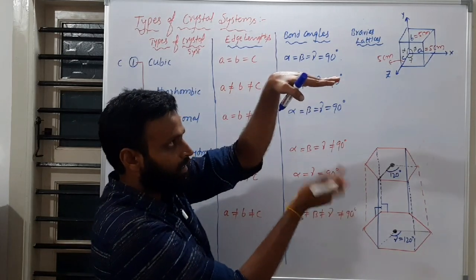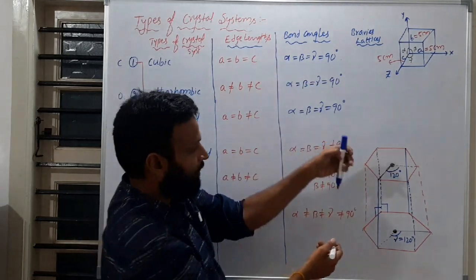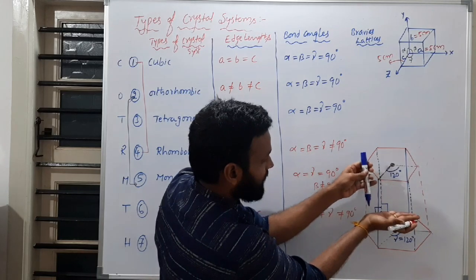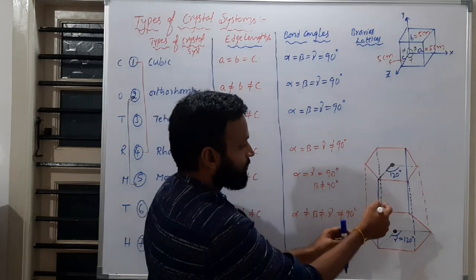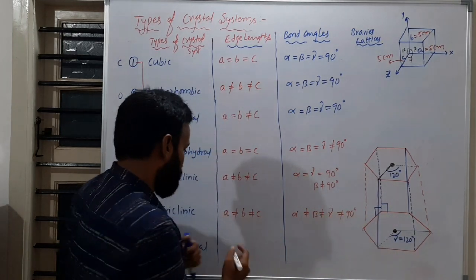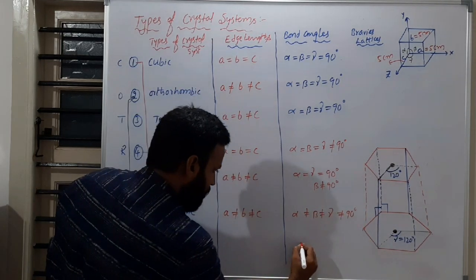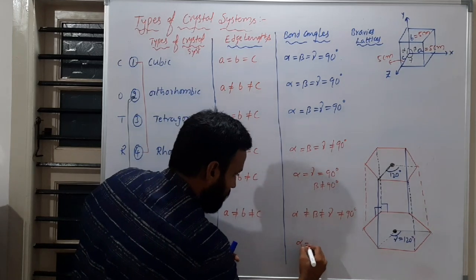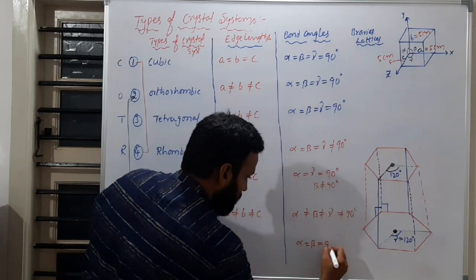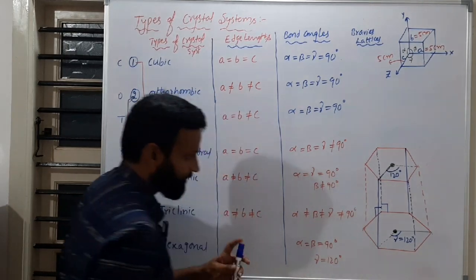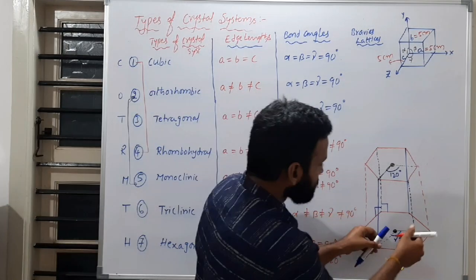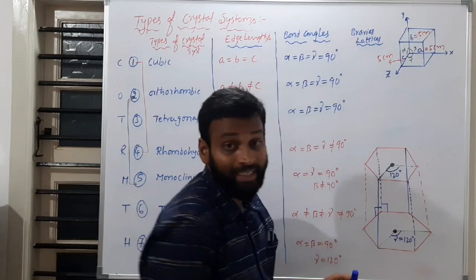So in two hexagonal rings, here to here length will be the same. So one is like this, okay, but another is like this, okay. So two angles are the same. So here alpha is equal to beta is equal to 90 degrees, but gamma is equal to 120 degrees, like this, 120 degrees angle.